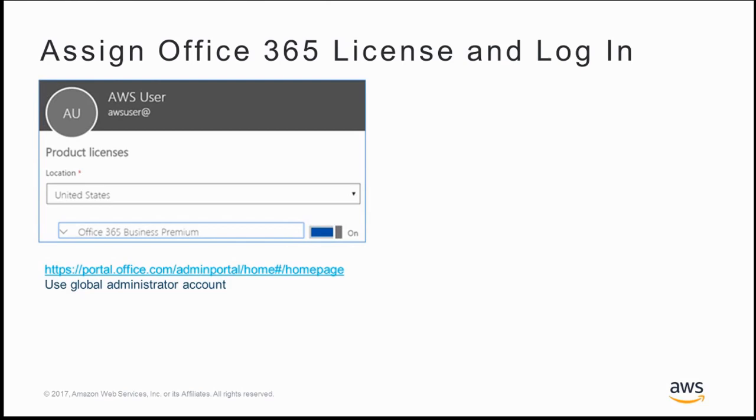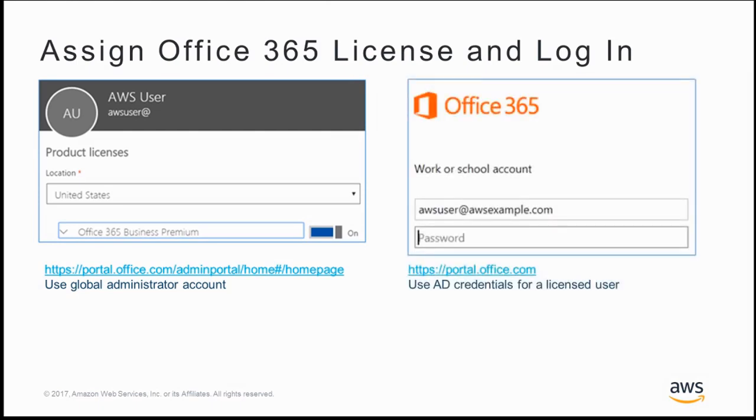So you'll go to portal.office.microsoft.com, go to the admin portal there, logging in as your global administrator account, and grant the licenses to your users. Once the users have those licenses, they will be able to log into Office 365 using their portal access and specify their Active Directory credentials that are stored in AWS Microsoft AD, and they'll have access to Office 365.